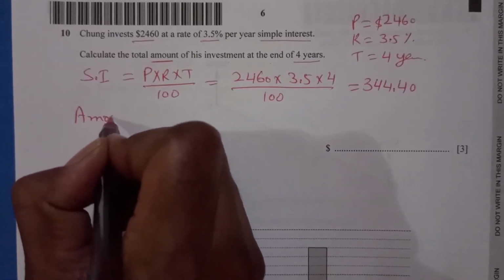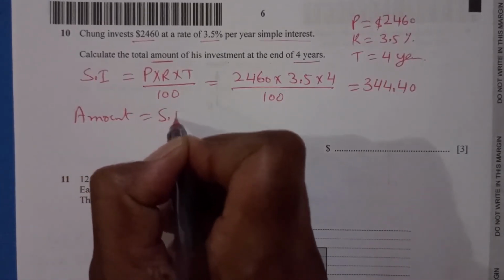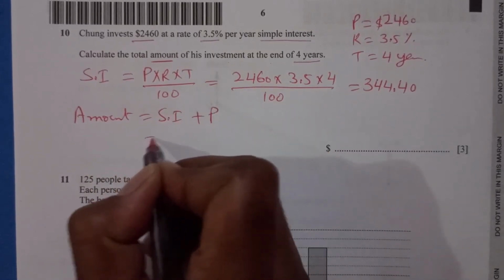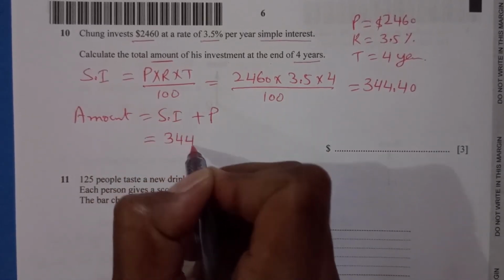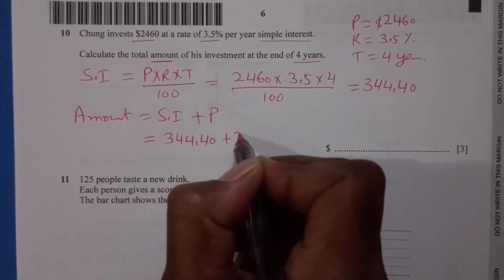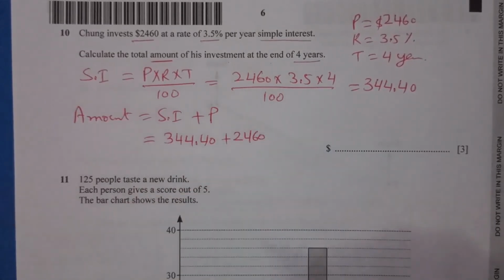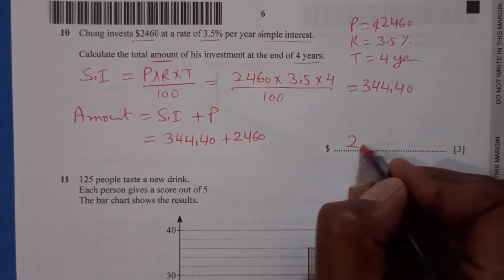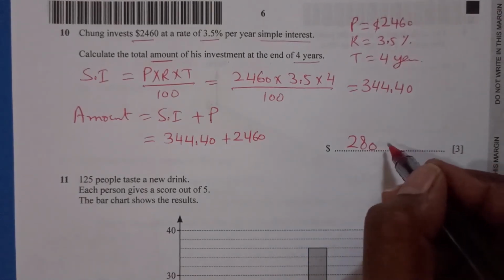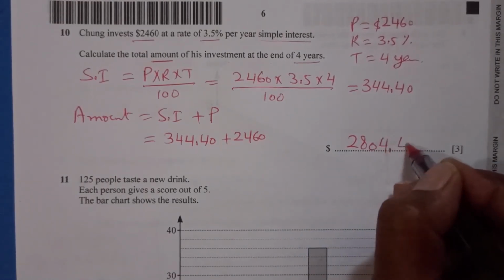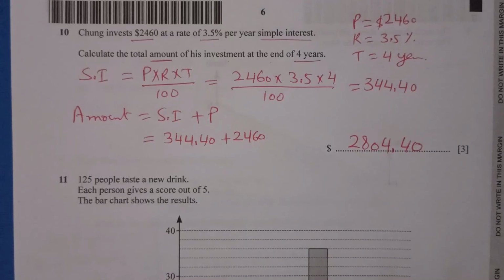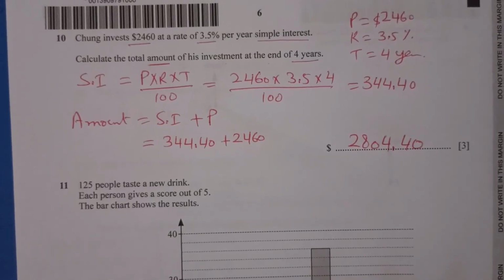So amount is simple interest plus principal, right? So 344.40 plus 2460. When you add this, you are getting $2,804.40. So that is the final answer, right? Now question number 11.